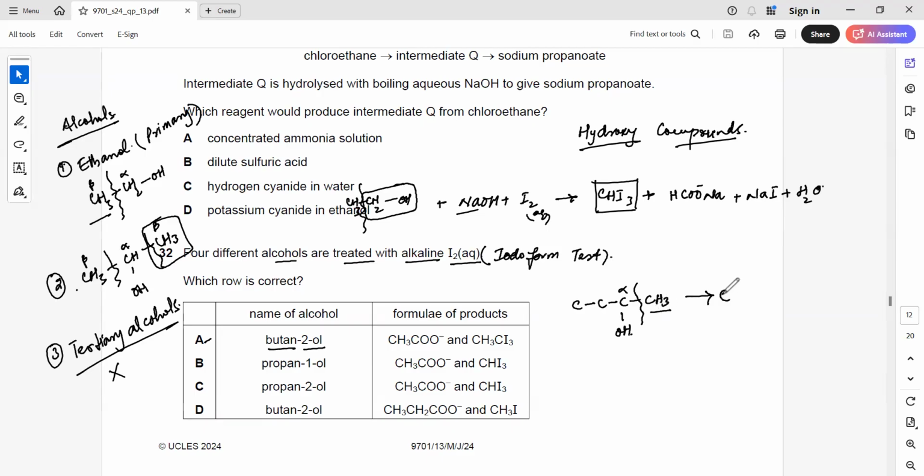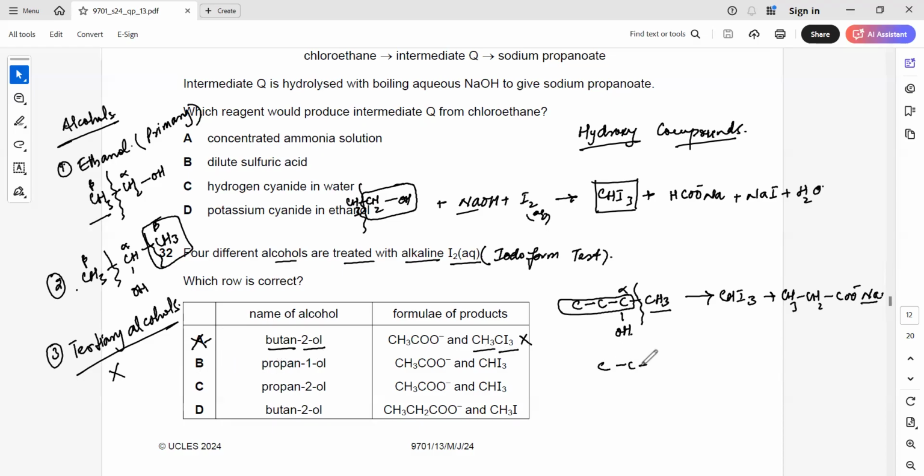This will give us CHI3, and the rest will be the acid of three carbon atoms, so CH3CH2COO negative and Na. In option A, they are saying CH3CI3. No, it's incorrect.